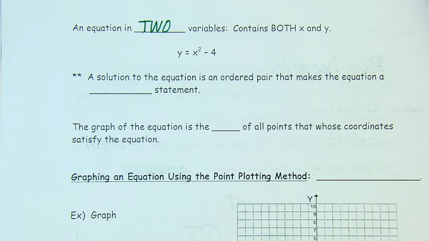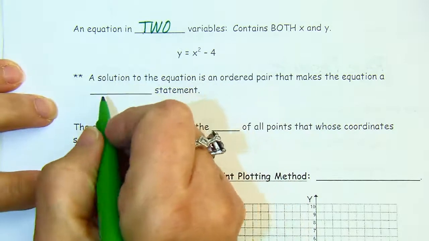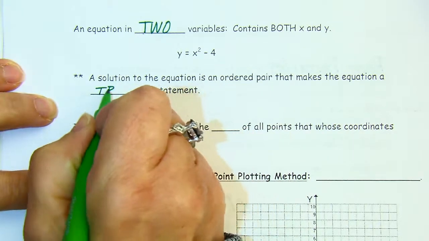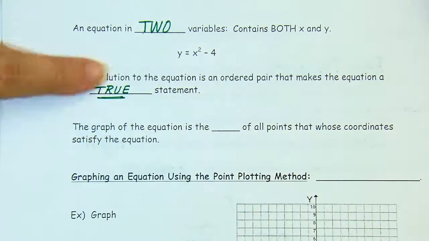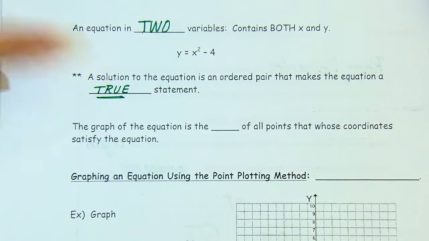Well, I'm going to give you a moment to think of it, and you can say it. I won't be able to hear you, but you can say it. And I'm going to guess that some students said that it makes it a true statement, and you are correct. Okay, so if it's a solution, it makes it true.